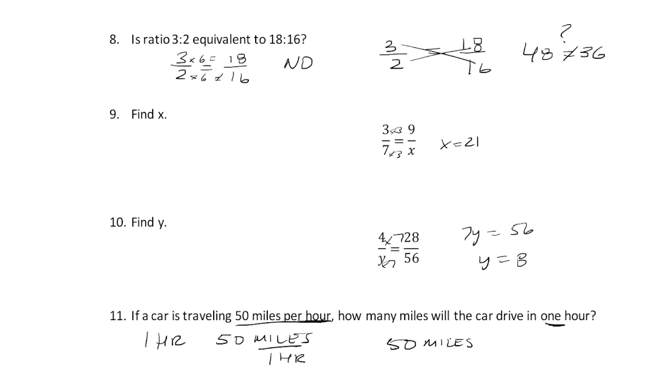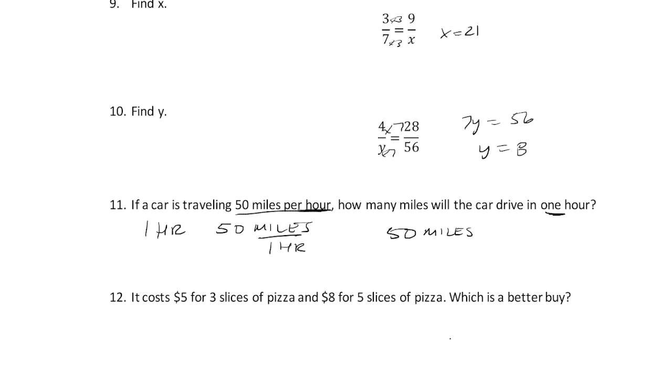And then for 12, it costs $5 for 3 slices of pizza and $8 for 5 slices of pizza. Which is a better buy? Well, clearly you need to divide these, 5 over 3 and then 8 divided by 5. At this point, you need to see which one is greater. So what we do is we cross multiply. 5 times 5 is 25. 3 times 8 is 24.